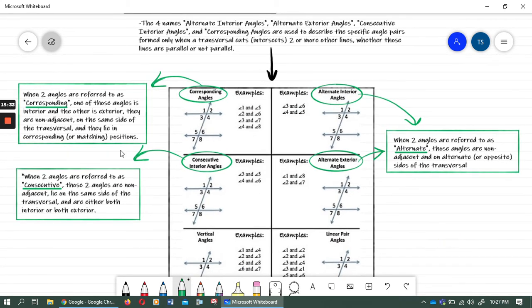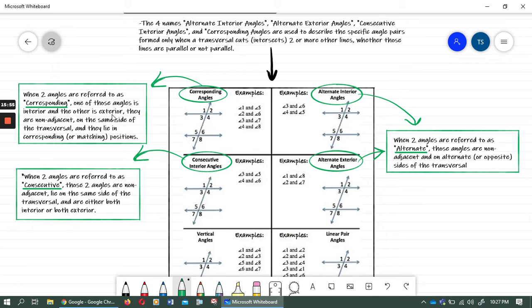When two angles are referred to as corresponding, what they mean, guys, is this. For a pair of corresponding angles, one of the angles is going to be interior and the other one is going to be exterior. So one's going to be interior, one's going to be exterior.